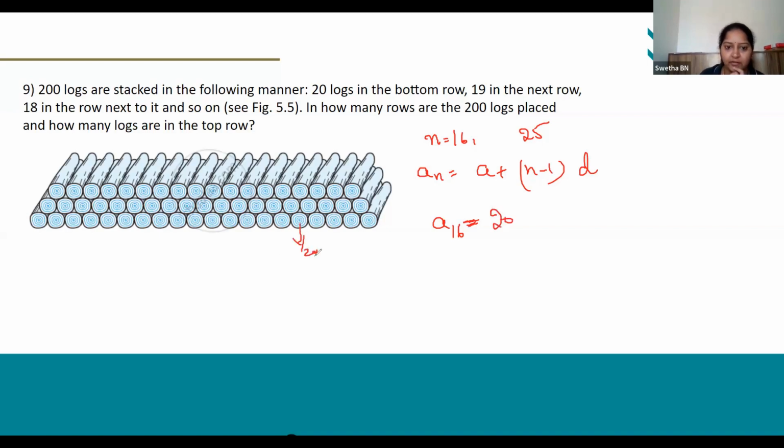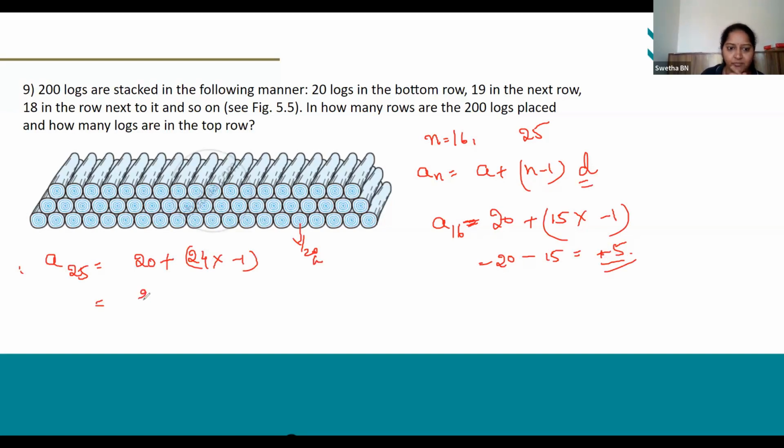A is 20 and 16 minus 1 is 15. And what is the difference? It is minus 1. So 20 minus 15 is equal to plus 5. And for n equal to 25, a plus n minus 1, that is 24 into minus 1, so it is minus 4.